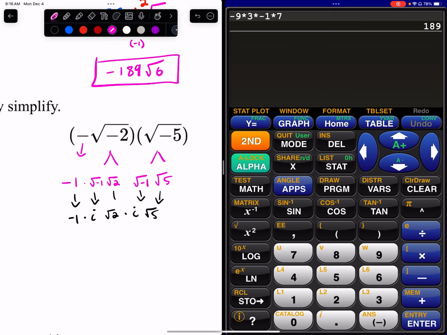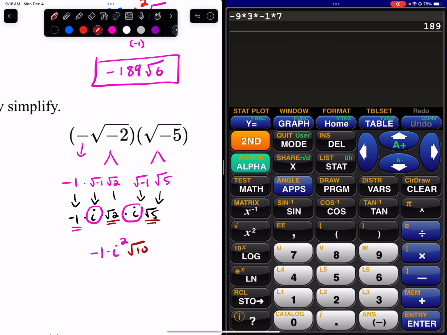So again, if we're doing this step by step, it becomes a little bit easier to see. So first, let's deal with the numbers. We've got negative 1, and that's the only number we have. The next thing we have is an i and then another i. So i times i is i squared. And then the last thing we have to deal with is radical 2 times radical 5, which is radical 10.